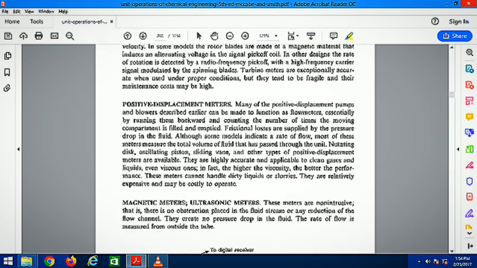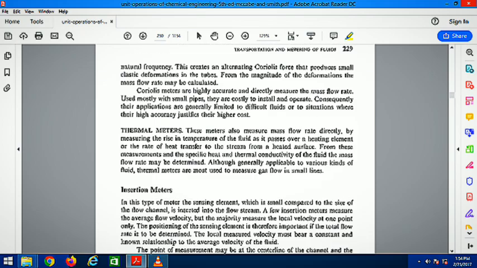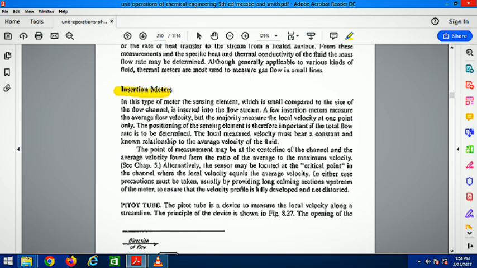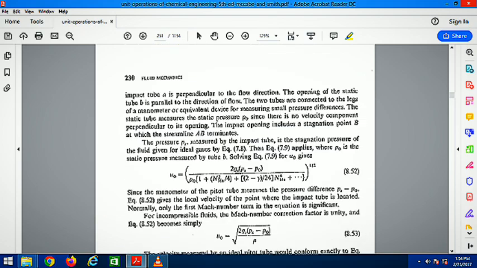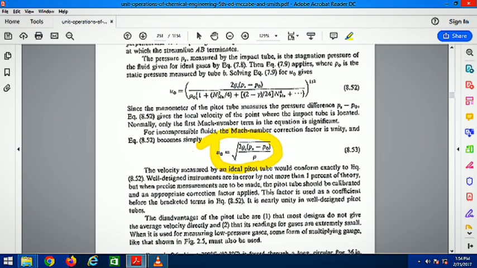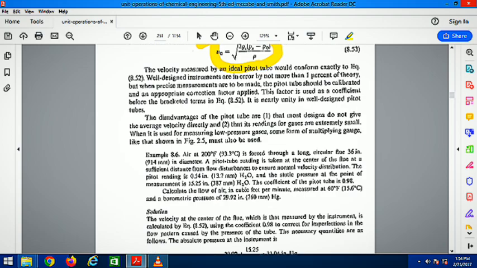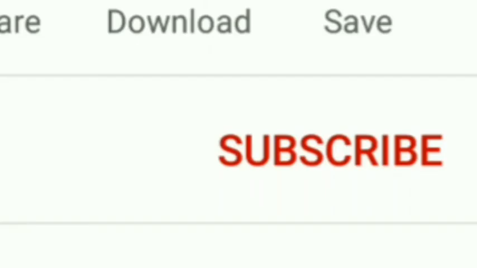There are also some meters like the Pitot tube, which is an insertion meter, and for the Pitot tube it generally gives us the velocity at point B in this diagram, and we can find it out with a correlation. Not much important, but just to know it in a brief way.